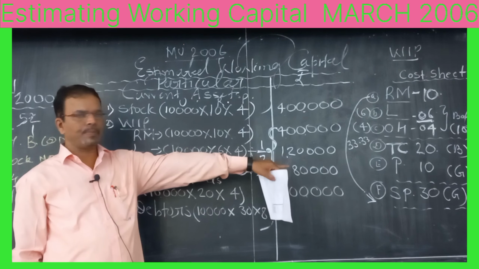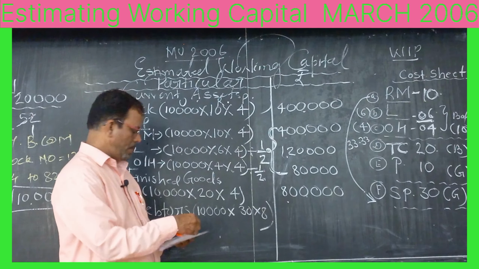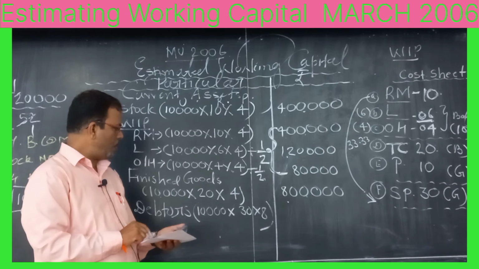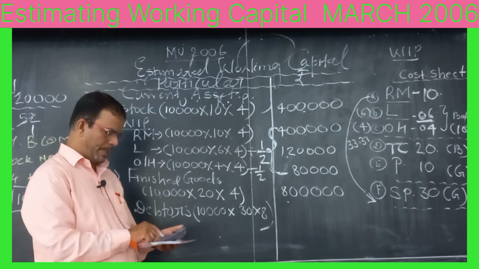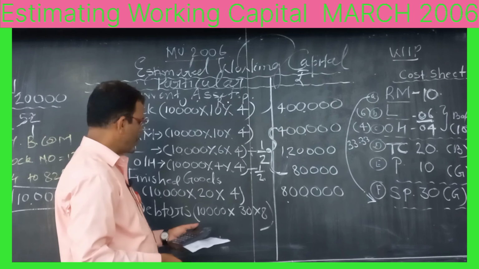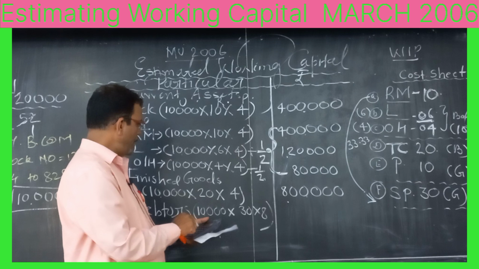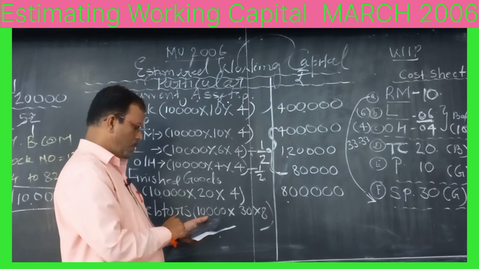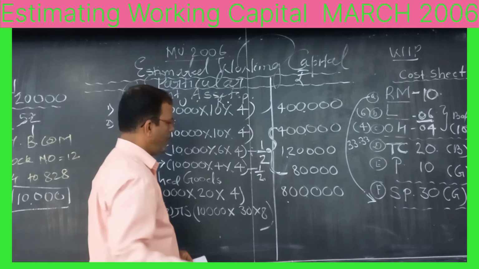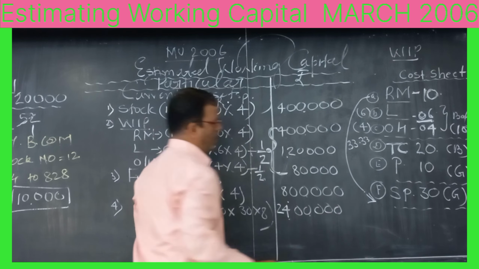So debtors: 10,000 into 30 into 8, which is 24 lakhs.